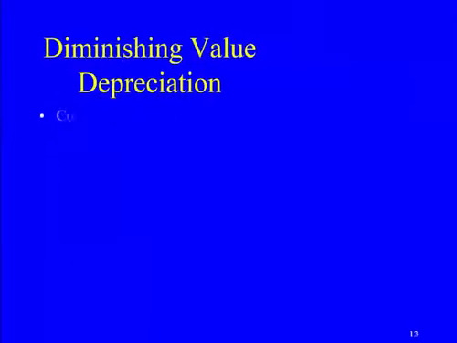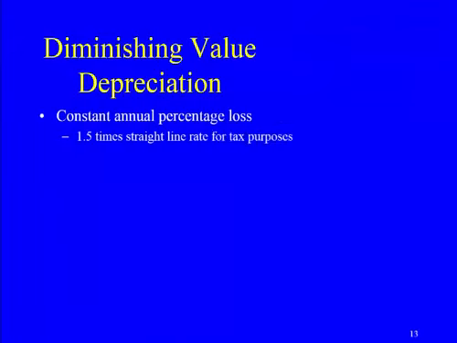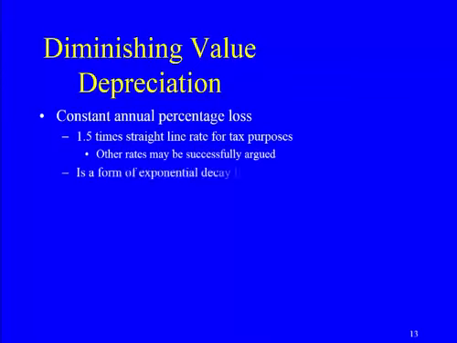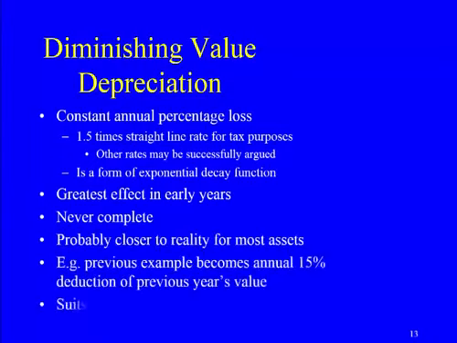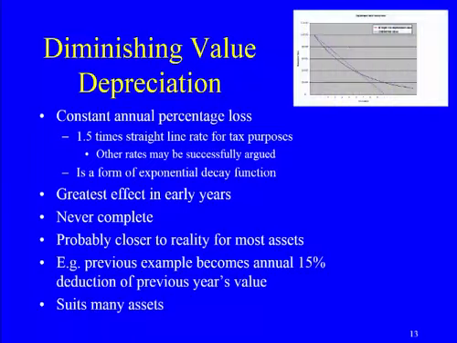The second most common form is what's known as diminishing value depreciation. And this approach is also conceptually quite straightforward. Rather than taking a constant amount each year, it takes a constant percentage each year of the written down value of the previous year.